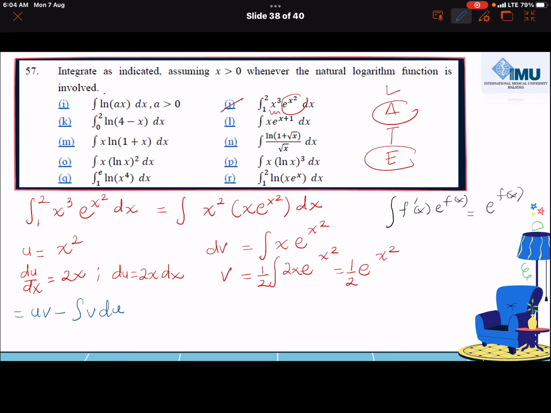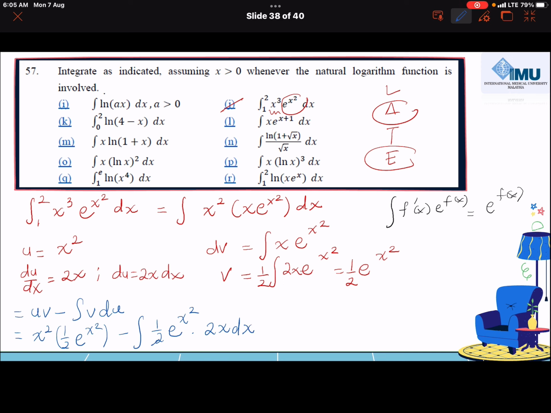Now substitute all the necessary information. Your u is x squared, your v is 1 over 2 e to the x squared, minus integration of v again, which is 1 over 2 e to the x squared, times du, which is 2x dx.